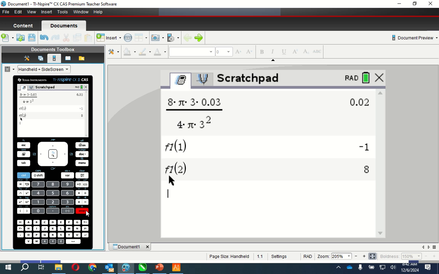So my function is going to cross the x-axis in between -1 and 8. So we're going to approximate by saying, is it closer to the -1 or closer to the 8? So if I want to give it a decimal, what would my decimal be? The better you guess on this first one, the easier it makes the rest of this.